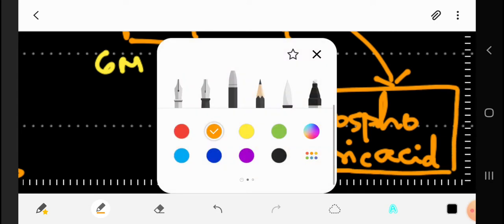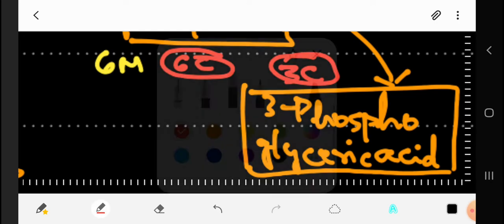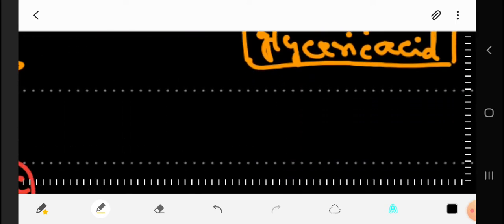So this is a 3 carbon compound, and we will have 6 molecules of that compound, so 6 plus 6, we will have totally 12 molecules of 3 phosphoglyceric acid.